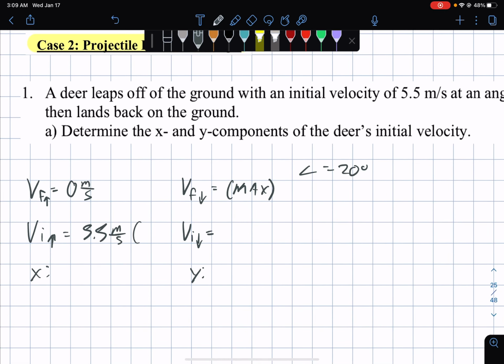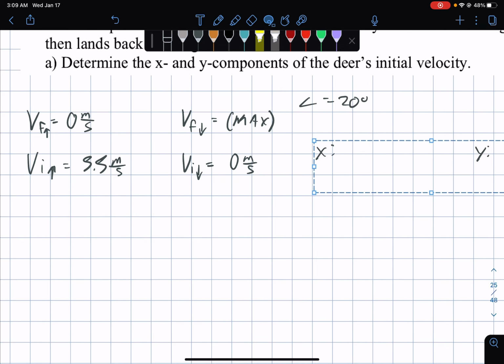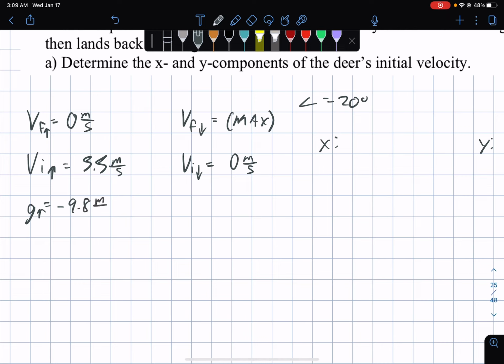So 5.5 here, this is the maximum going up. Vi, once it goes down, it becomes 0. Aside from that, we have to compute for the gravitational. No, no, no. It's already a given. Going up, the gravity is negative 9.8 meters per second squared. The gravity going down is positive of the same thing.